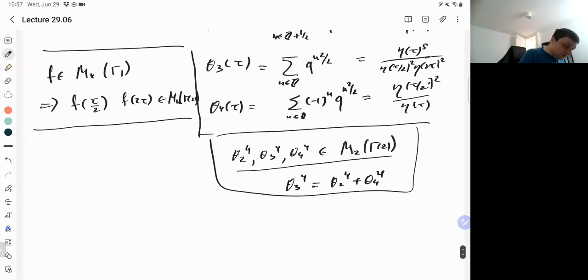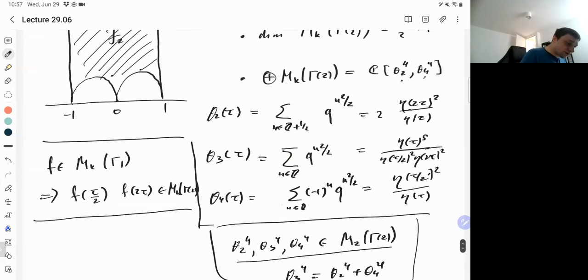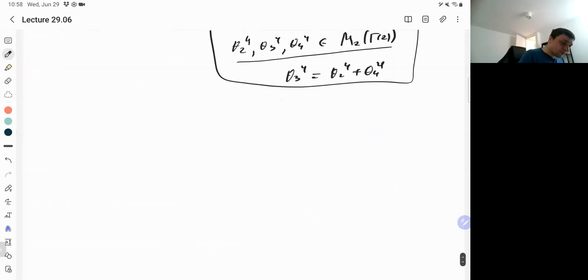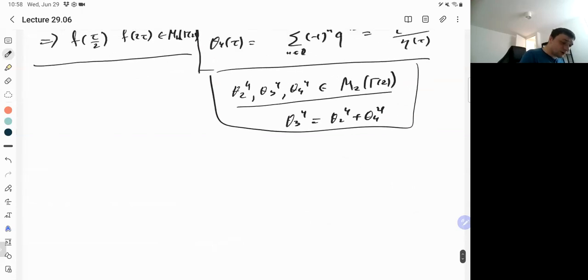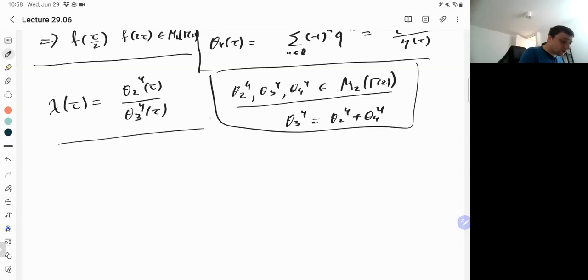Finally, the last thing I want to do is an analogous conformal map, also given by a modular function. You take theta 2 divided by theta 3 to the 4th power. This is the so-called modular lambda invariant.